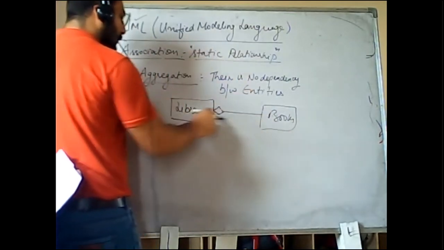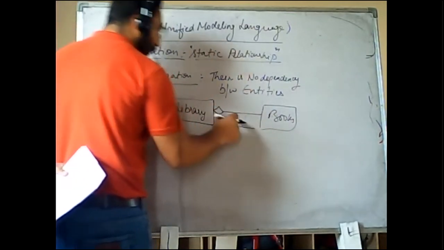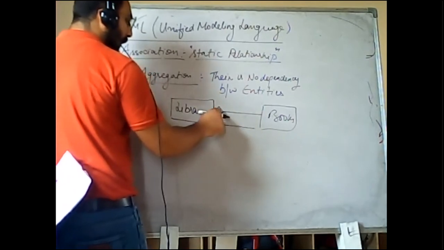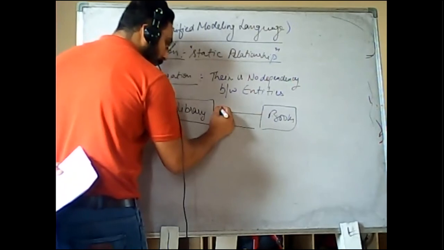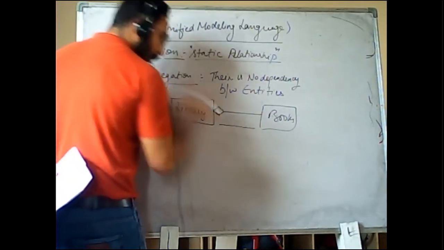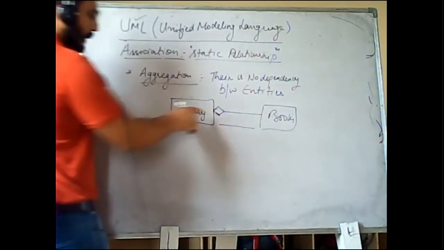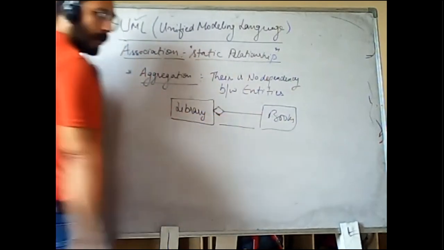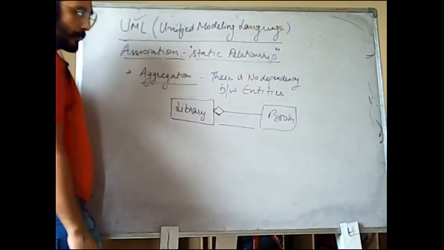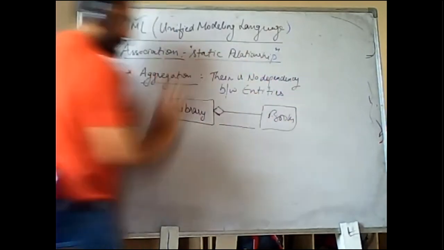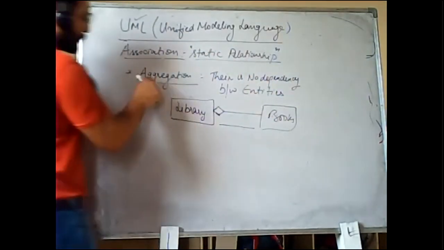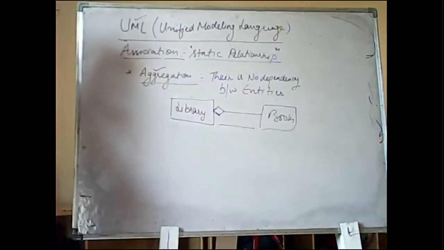For that, we will use a relationship called aggregation, and it is like this: a diamond shape arrow. Where there is no dependency between them, there we will use an aggregation.